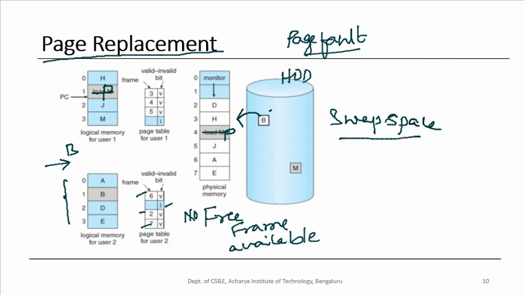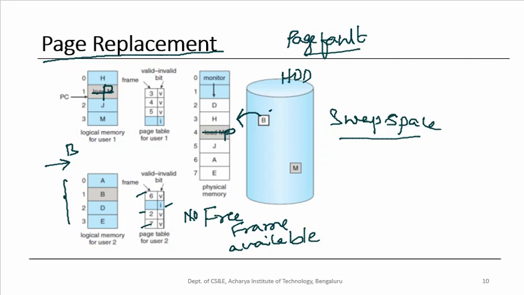You can also call it extended main memory, and bring this B into the main memory. So this is what is known as page replacement. Till now, whatever discussions we had, we were assuming that page frames would be available in the physical memory and the pages are brought into those free frames.